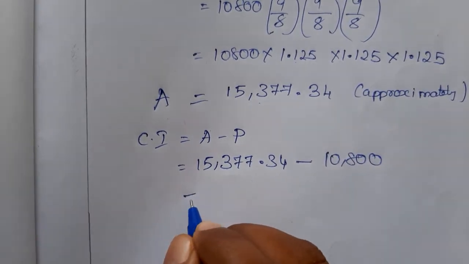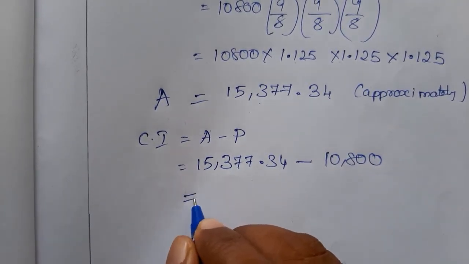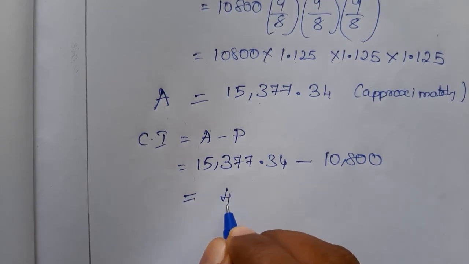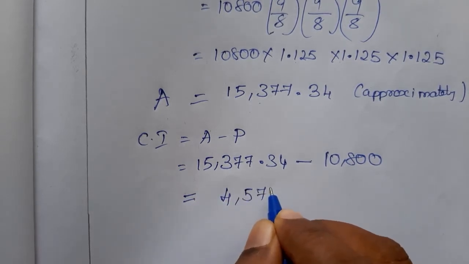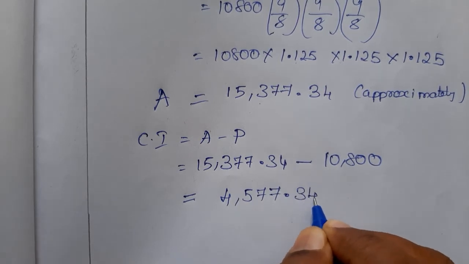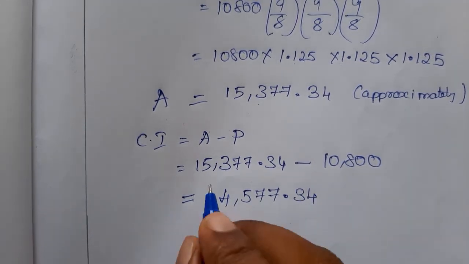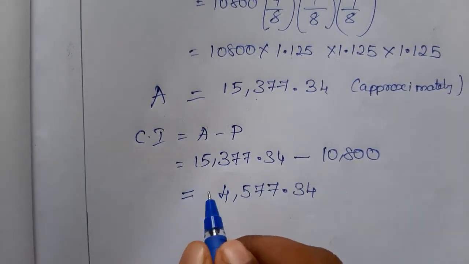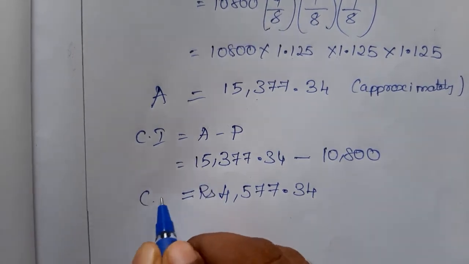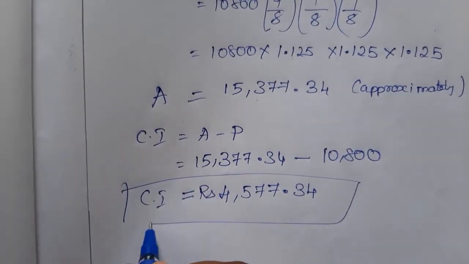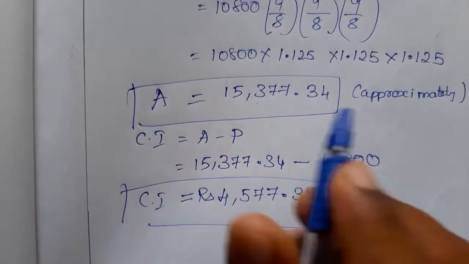So we will get 4,577.34. This is the compound interest that we will be getting, and this is the amount.